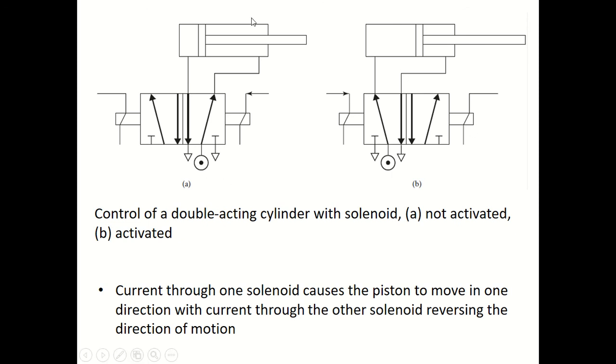Which means the piston has two movements, one towards the left and one towards the right, and these two positions indicate the to and fro motion of the piston. It is very clearly seen from this diagram.